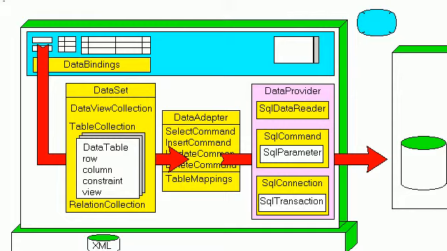So we have just two main methods for the data adapter: fill and update. Fill for the select, and update for insert, update and delete. Okay, this is basic. What are the methods of the data adapter?